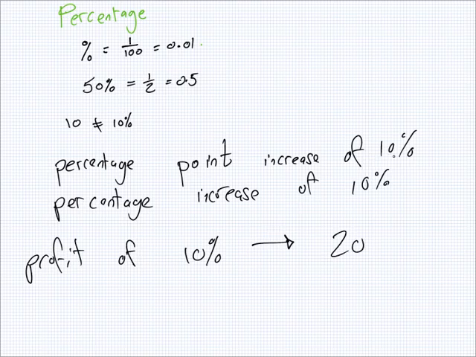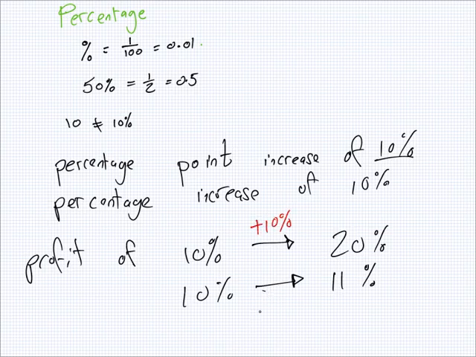That you just add 10 on. But a percentage increase of 10% means that 10% becomes 11%. You add on 1/10 instead of 10 points. So this one here was plus 10%, whereas this one here was plus 1/10.